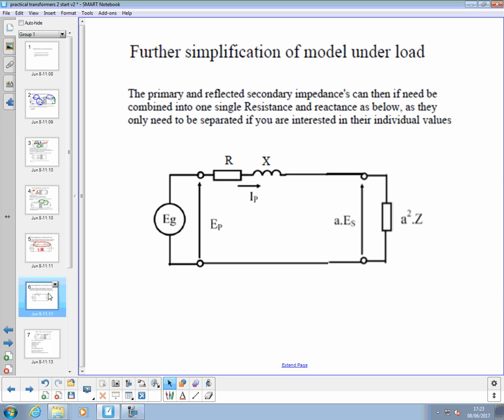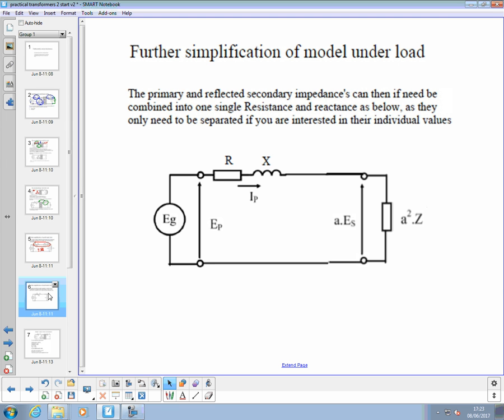And the reason we can usually do that is because we aren't really interested in what the volt drops across each of those individual resistor and inductive components are. We're interested in the total effect of them added together. Yeah. So we make that into one R, one X component with one current flowing through it by adding the two together.